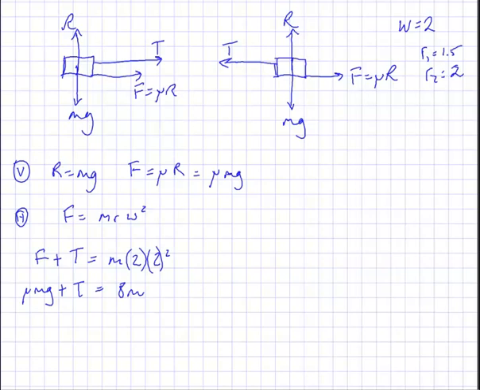Bear with us for a moment. If we look at the second one here, in the direction of the centripetal force we've got that friction. In the other direction, we have the tension. So it's subtraction, and we have, again, m r omega squared. Our r is going to be 1.5 for this second one.